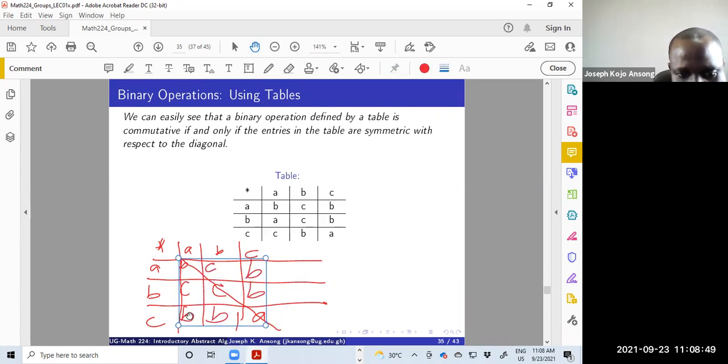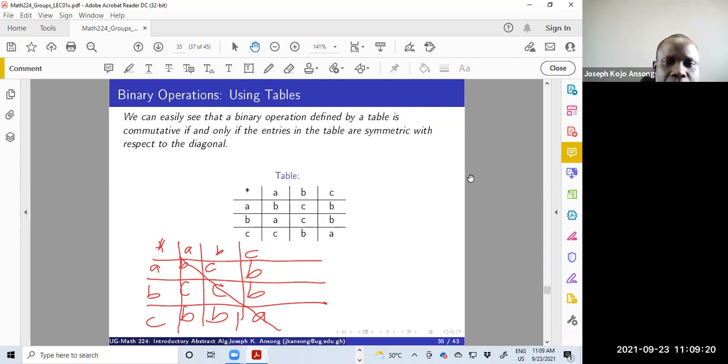This is C, and across from it, a C. So if the operation is commutative, you expect symmetry across this diagonal. If I take this element and cross the diagonal, I should get the same element. That is what you expect for a commutative operation in a table.